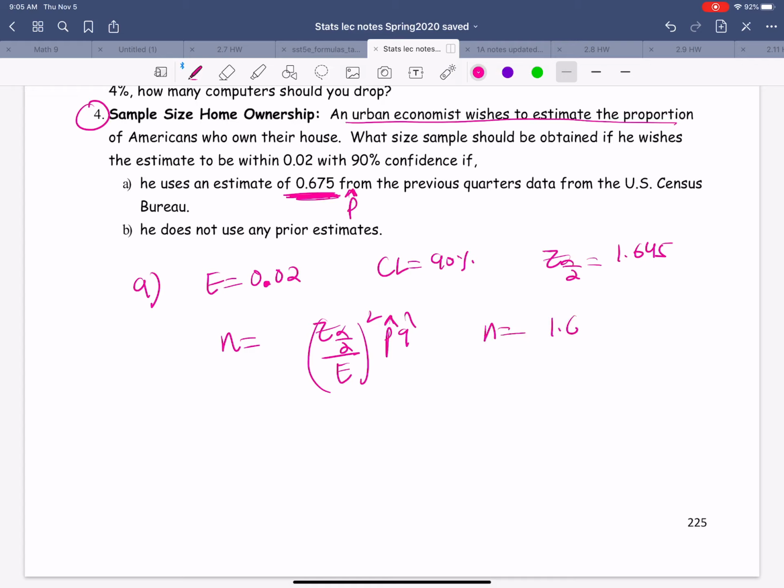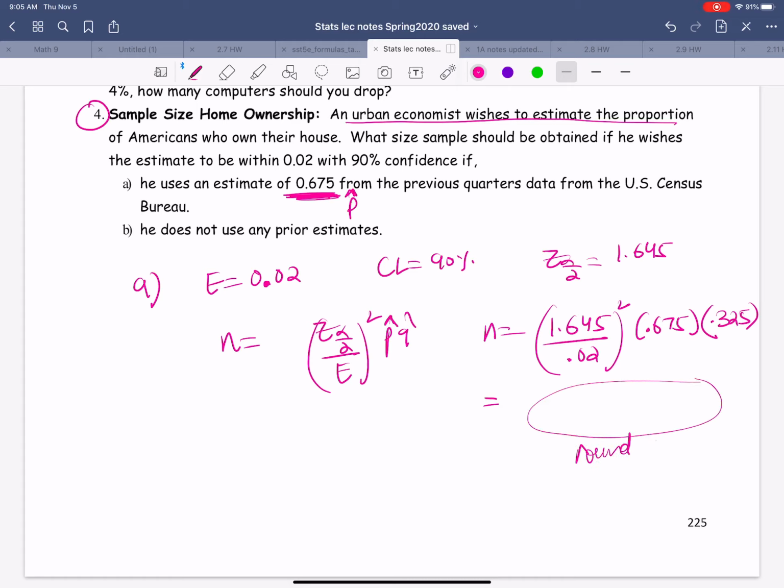So n turns out to be (1.645 divided by 0.02) squared. p hat is 0.675. q hat would be 1 minus 0.675, which is 0.325. I'll leave the calculation part for you. Always round up. That's how many people we would have to survey to estimate the proportion of Americans who own a house if we want to be 90% confident.